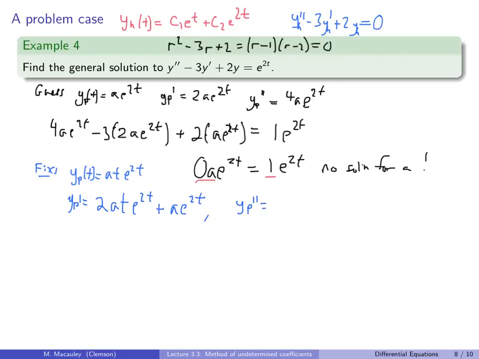Again by the product rule, we get 4a t e to the 2t plus 2a e to the 2t plus 2a e to the 2t. So this thing here is the derivative of that by the product rule. These can combine and we get 4a e to the 2t.